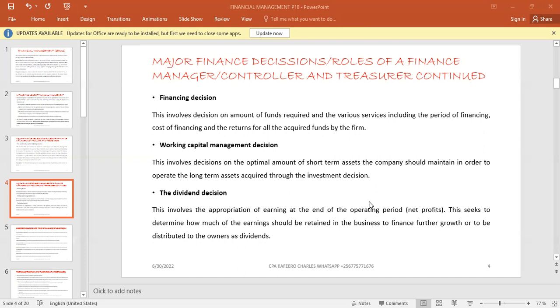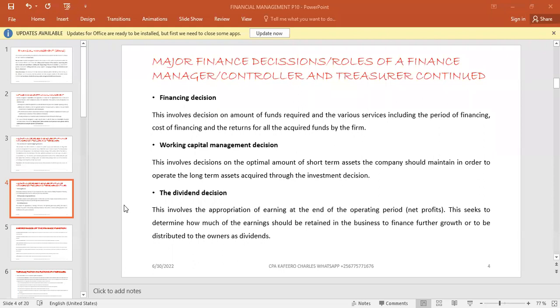Then the third one is assets. We are looking at the short-term assets that are going to be used within the organization to help the organization run its operations.